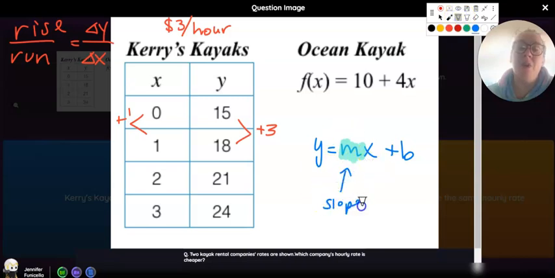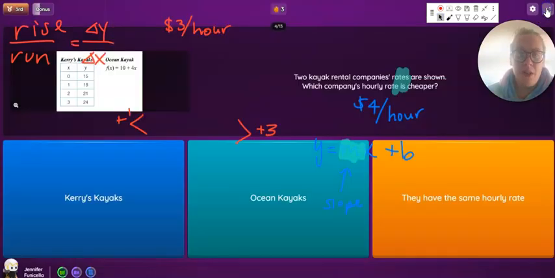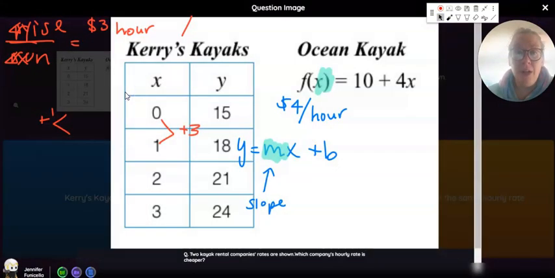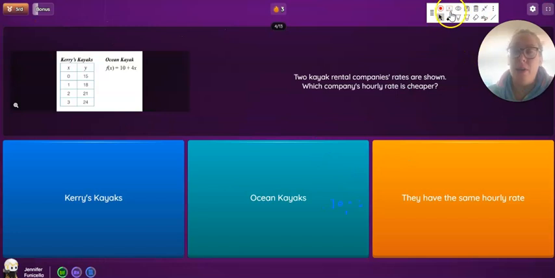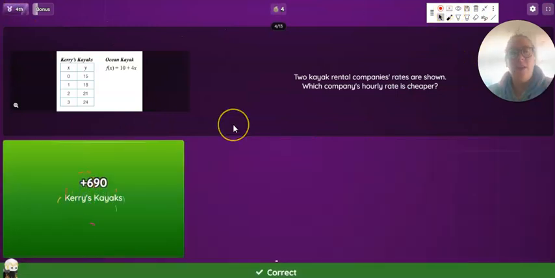It's attached to the x variable by multiplication. And in this case, our slope is 4. So that means oceans is $4 per 1 hour. The question was saying which one is cheaper. So Carrie's kayak was 3, so that's going to be cheaper than oceans, which was $4. Perfect.